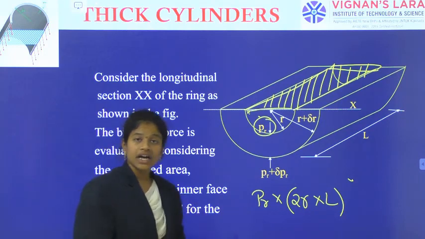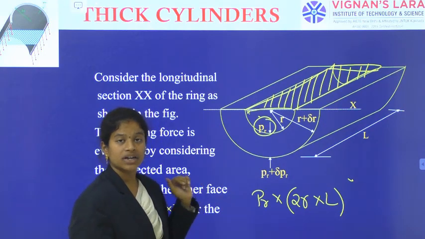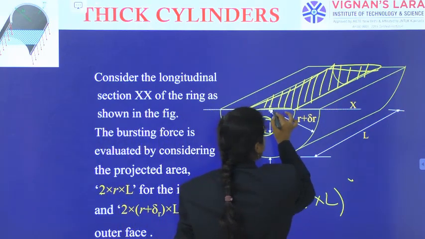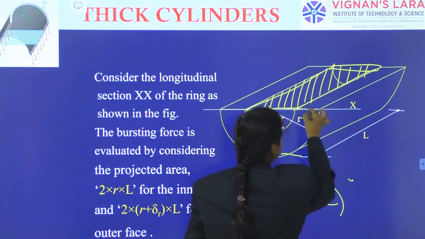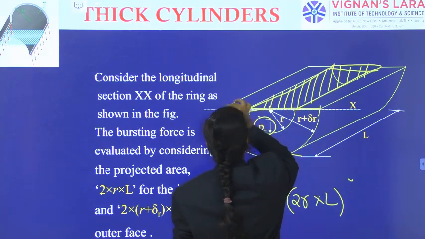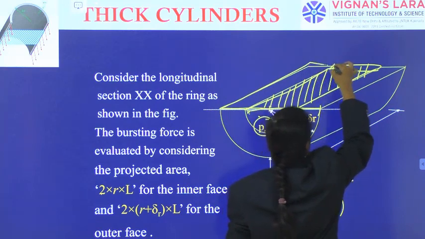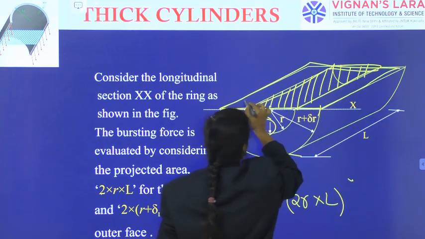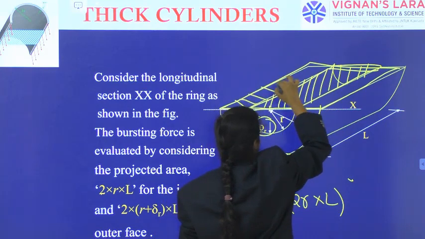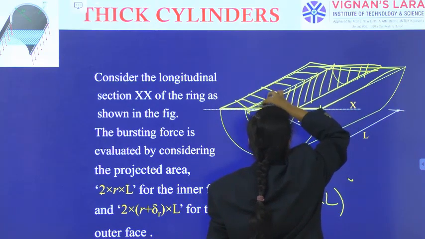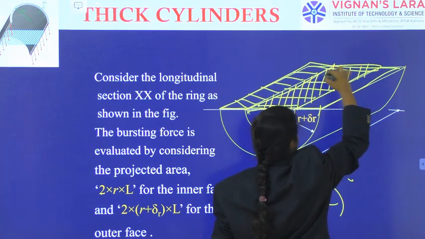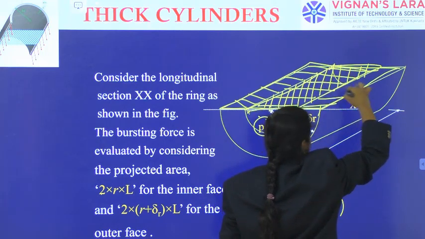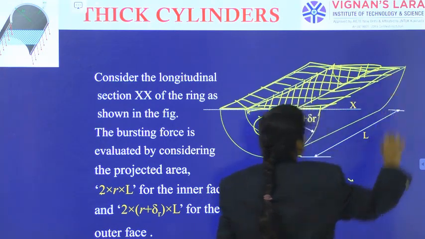And also, for the bursting force resistance, what is the corresponding area? From here to this level, you should observe. So the whole portion needs to be involved. Right?